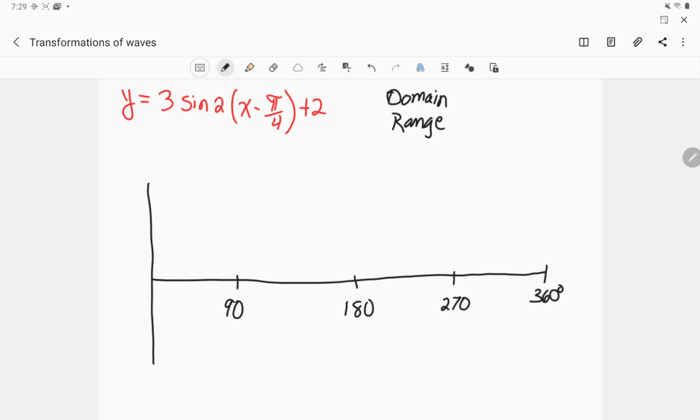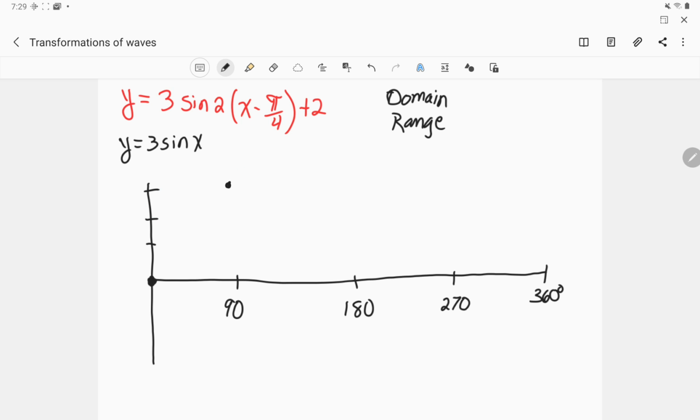So the first thing I'm going to graph is y is equal to 3 sine x. I'm not going to worry about the other things right now, just the 3. Remember that the 3 means you're going to multiply your y values by 3. So sine of 0 is 0, and 0 times 3 is 0. Sine of 90 is 1, but we're going to take that 1 and multiply it by 3. So it's going to go 1, 2, 3.